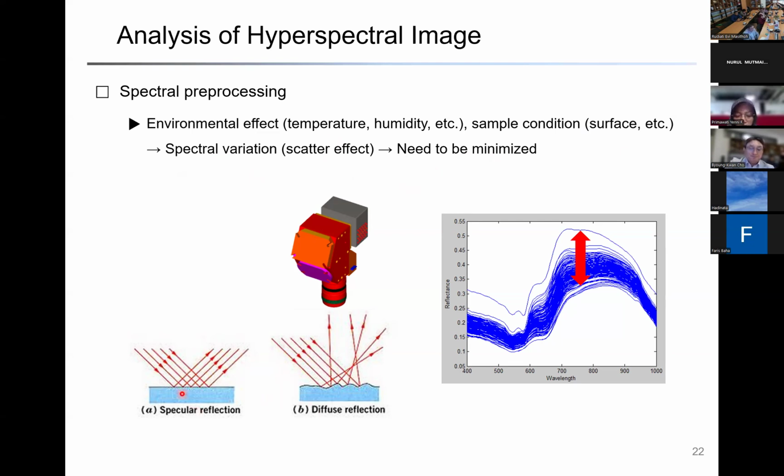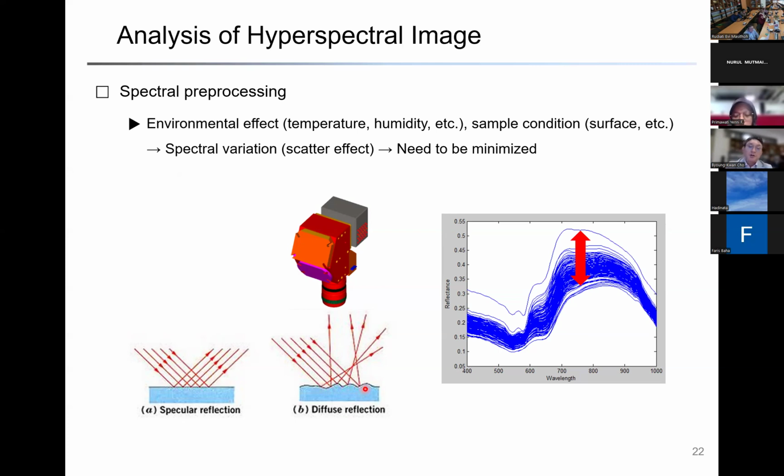This figure shows the scatter effect. Let's say there is a rough surface sample. When we illuminate the sample, the reflection is very diverse. For some reflections, the path is very short, which gives high intensity.